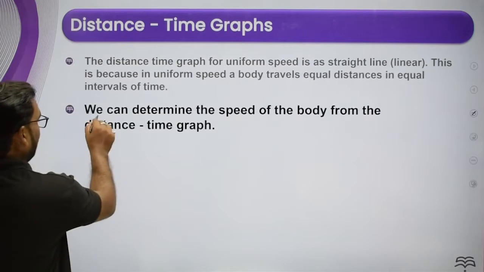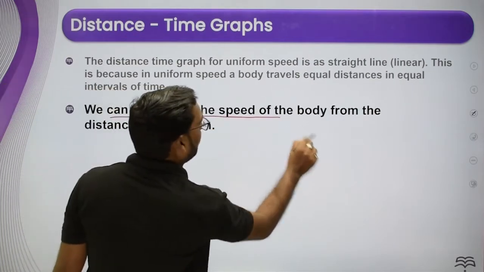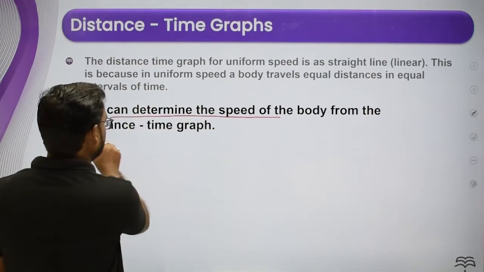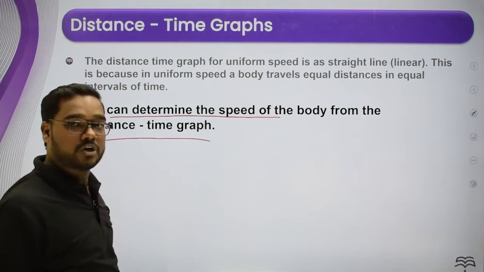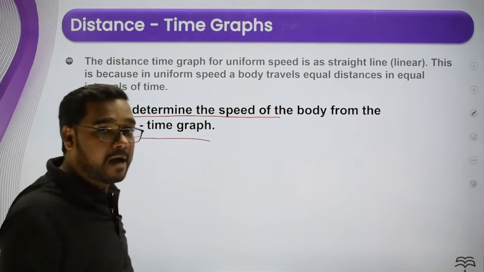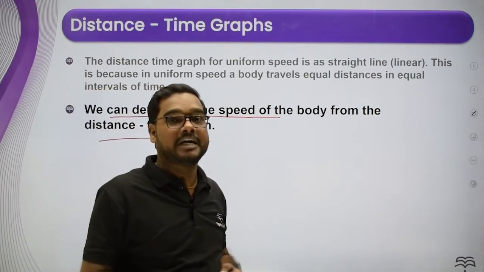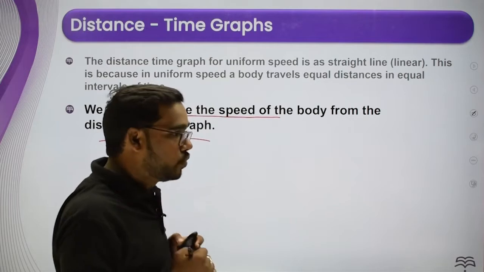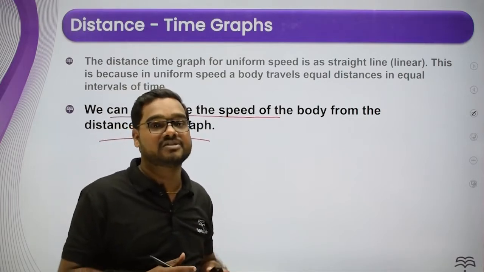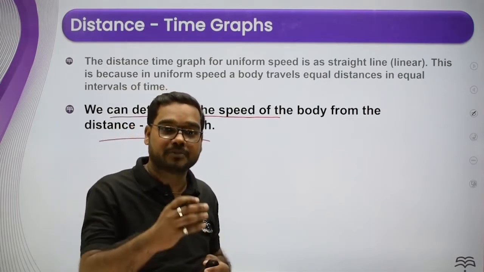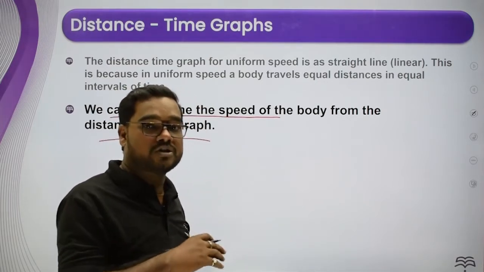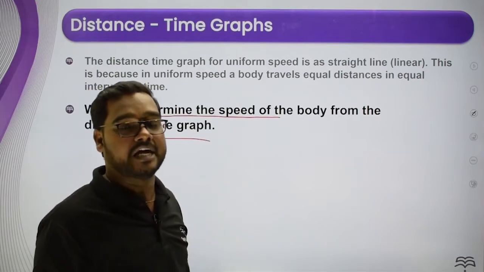Now you can see here, if you want to determine the speed of a body from the distance time graph, which type of information will you get from it? You can easily calculate the distance traveled by the particle between two time intervals, let's say time t1 and time t2.